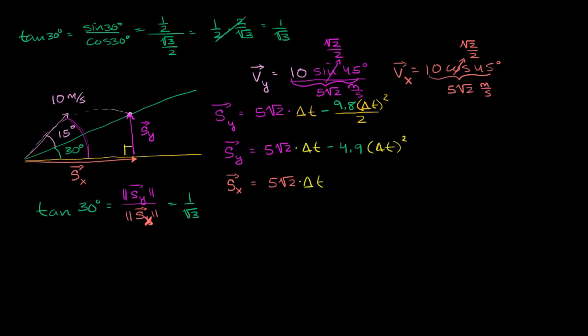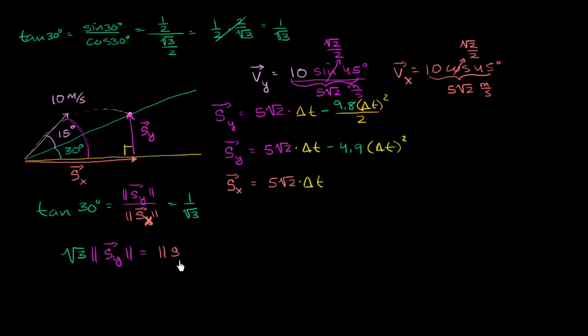We get the square root of 3 times the magnitude of our vertical component is going to be equal to the magnitude of our horizontal component.